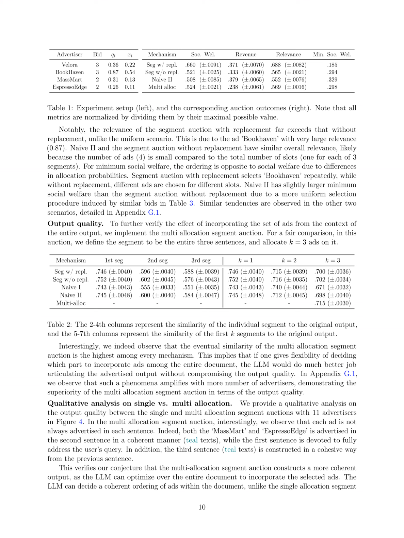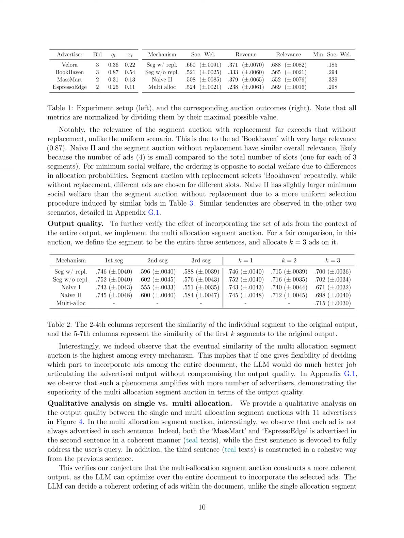In terms of minimum social welfare, the segment auction with replacement had the highest value, while the segment auction without replacement selected different ads for different slots, impacting the minimum social welfare. The output quality was highest for the multi-allocation segment auction, indicating that allowing flexibility in deciding which part of the document to incorporate ads led to better articulation without compromising output quality.